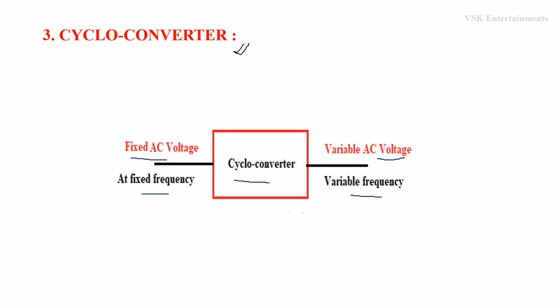But in the case of the AC voltage regulator, we are maintaining the frequency as constant at input as well as output. But in the case of the cycloconverter, we convert fixed AC voltage at fixed frequency to variable AC voltage at variable frequency. Means here the frequency is variable. That is the difference between the AC voltage regulator and the cycloconverter.